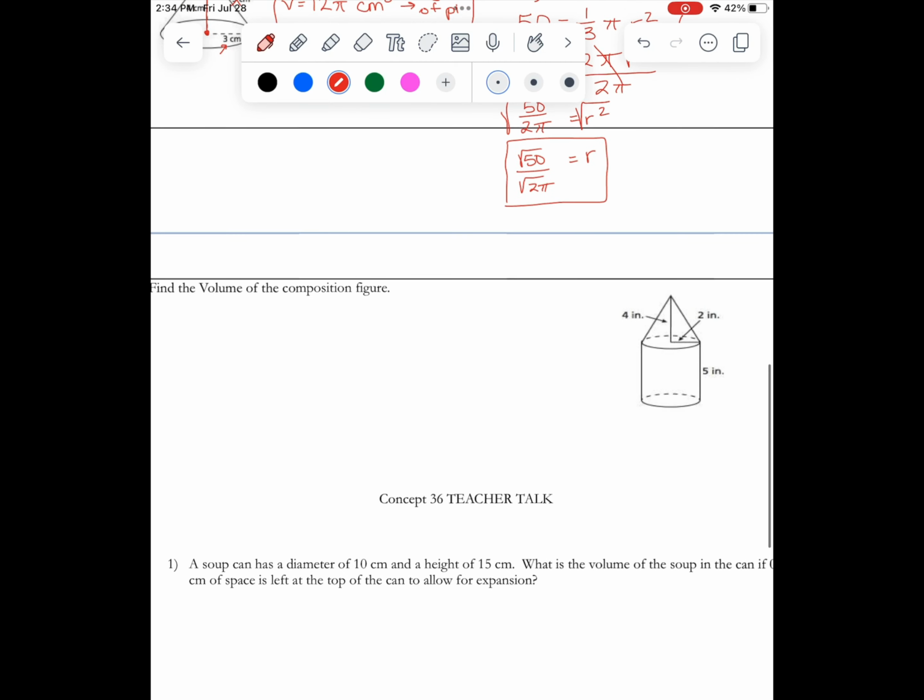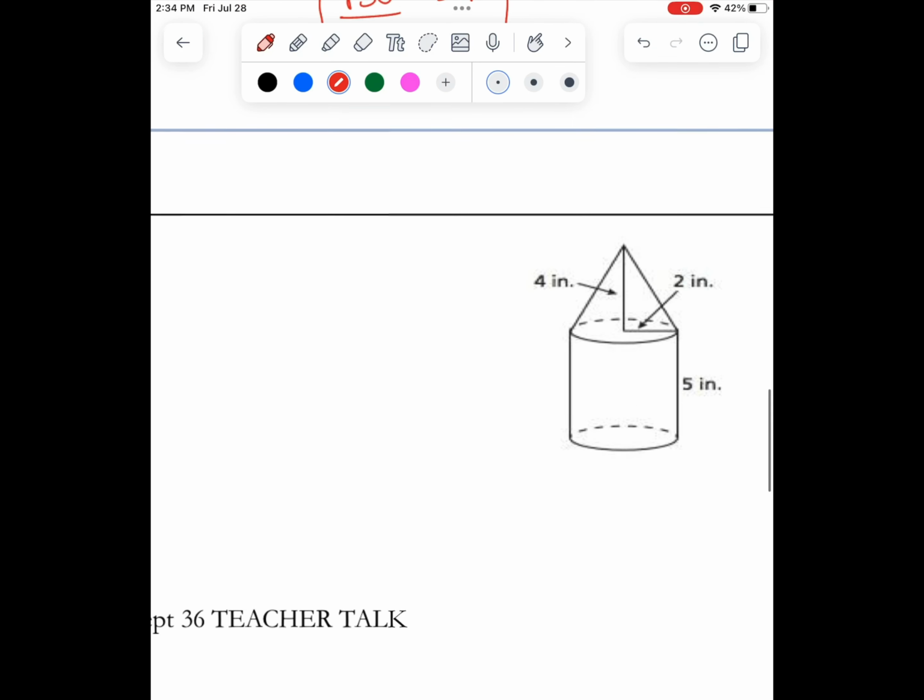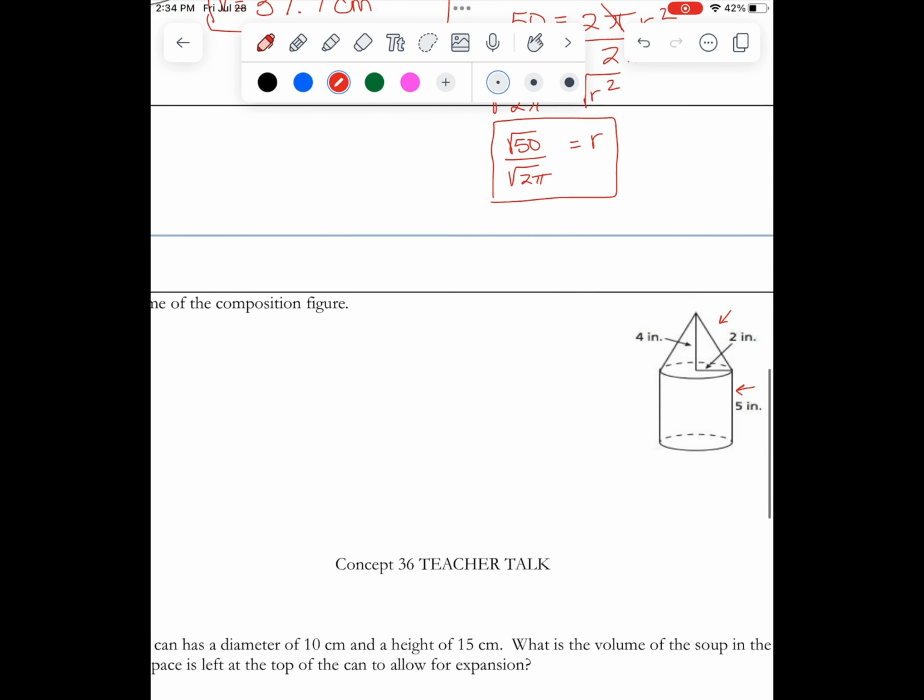The next problem is asking us to find the volume of this composite figure. Now, if you notice, we have two shapes. We have the cone on the top, and we also have a cylinder on the bottom. Now, in order to find the volume of this entire figure, we must first find the volume of the cone, and then find the volume of the cylinder, and then add them together to get the volume of the whole figure.